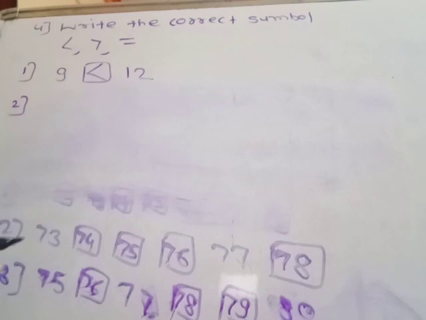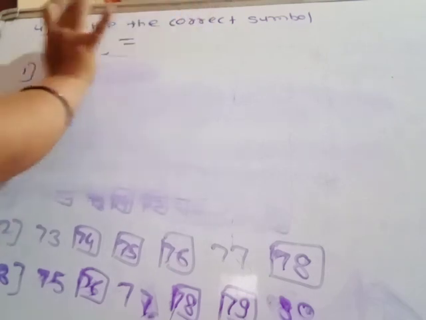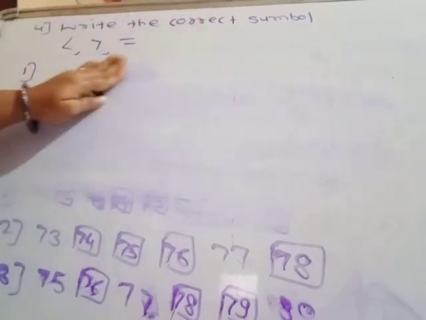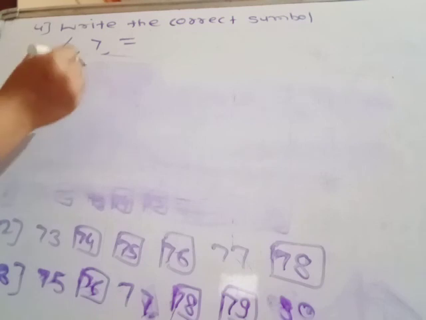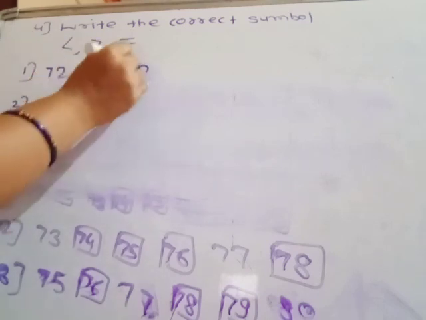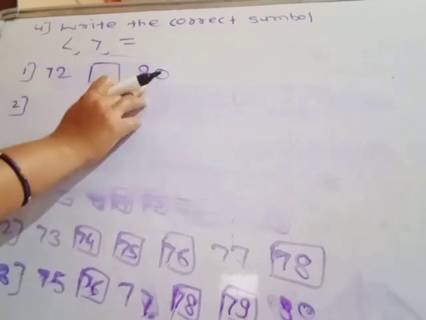In this, write the correct symbol of these numbers from 71 to 80 only. Here 72 number is given, here one empty box and here 80. Firstly you see left side number 72 and right side number 80.